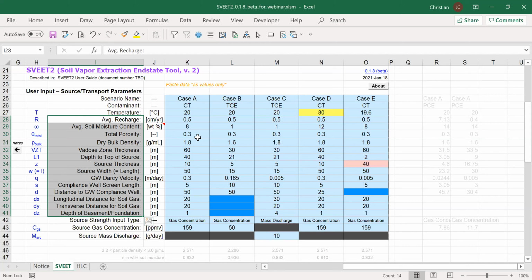We identified those, and we identified others where it was a linear relationship. So Henry's law, for example, and the source strength in terms of concentration are linearly related. They just scale. You have a higher source concentration, you have a higher impact to groundwater. For the ones with a nonlinear relationship, we selected some key values to define our range of parameters, and that's what resulted in our 5,000 plus simulations.